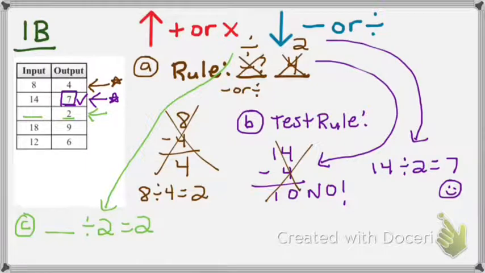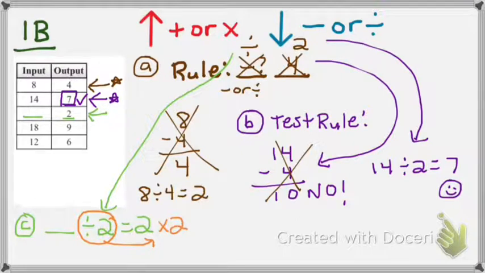This is like an algebra problem like we learned earlier in this chapter. Blank divided by 2 equals 2. We know that we can use the inverse of the operation and move it to the other side. So we can take this divided by 2, and we can move it to the other side and change it into times 2.